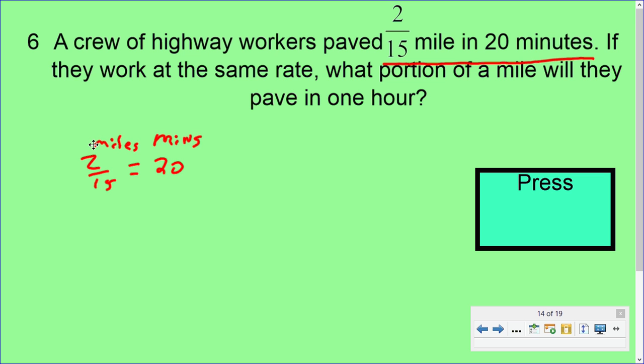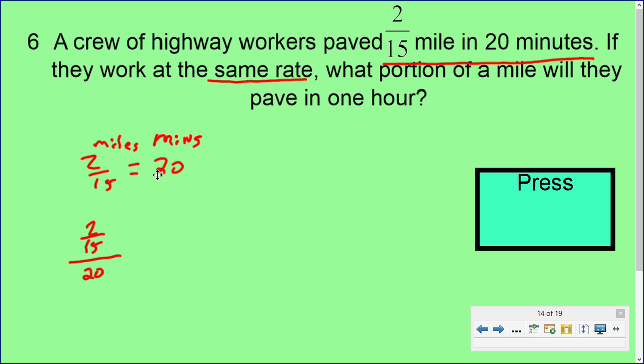I can put it as miles per minute, so I can put 2/15 over 20. As they mentioned, if they work at the same rate, so if they continue working at the same rate, we'll be able to figure out what our proportion is.